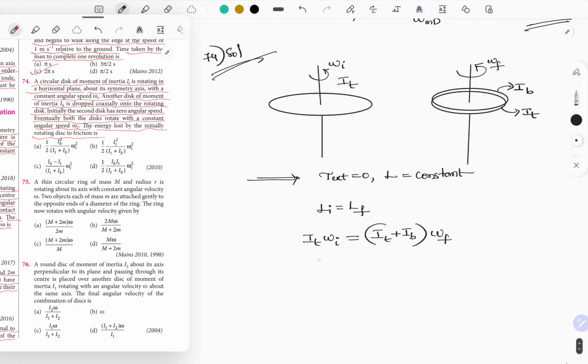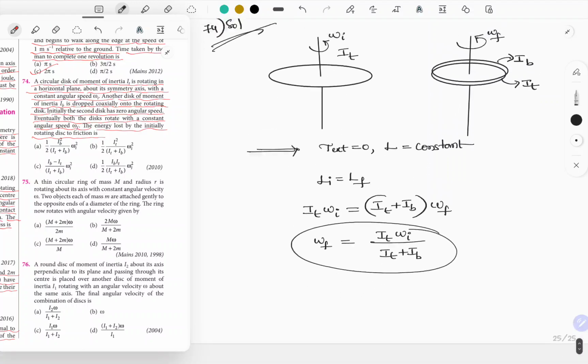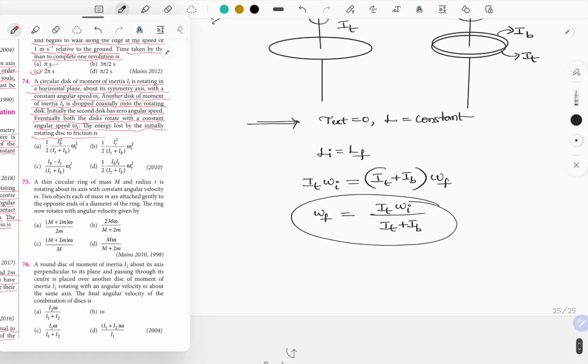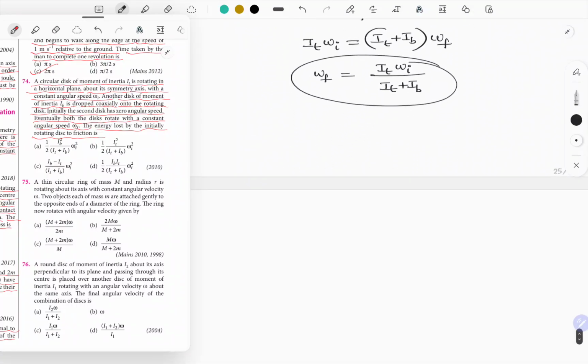Hope you understood the representation. So omega final is equal to IT into omega initial divided by IT plus IB.